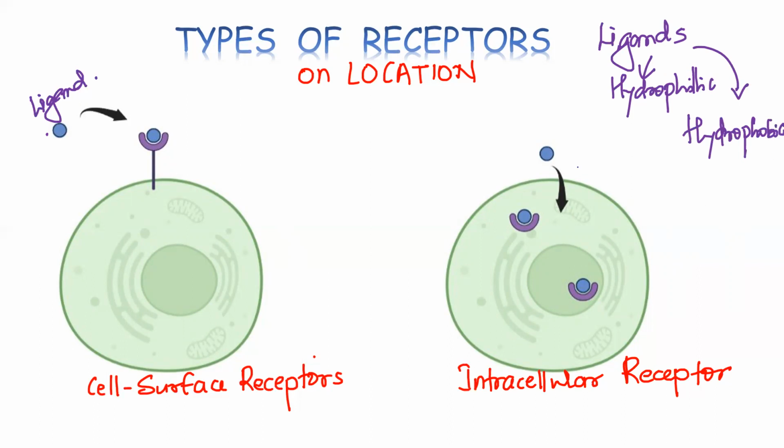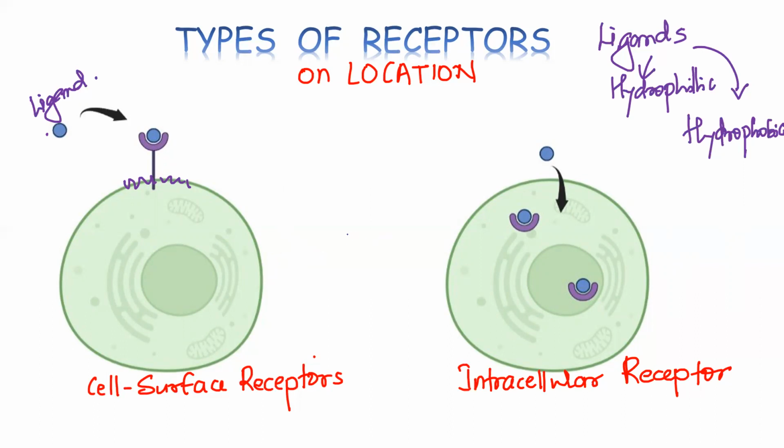Those which are hydrophilic cannot pass through the plasma membrane. As we all know, to pass through the plasma membrane, a substance needs to be lipophilic or hydrophobic. So hydrophilic ligands cannot pass through the plasma membrane and cannot enter the cell. If they do not enter the cell, how will they carry out their function?